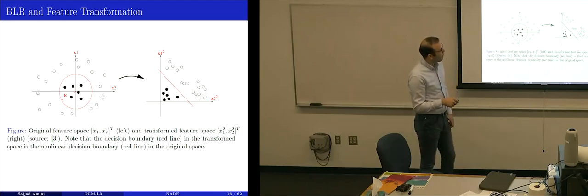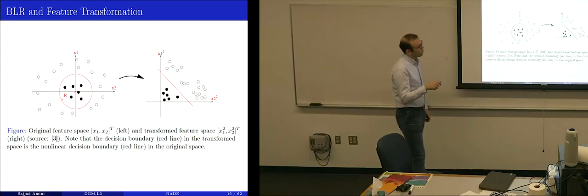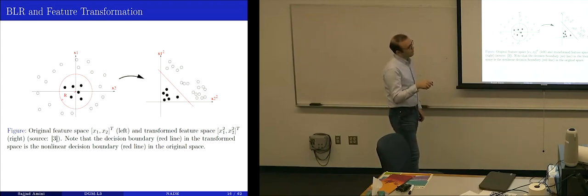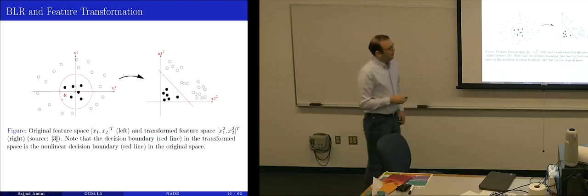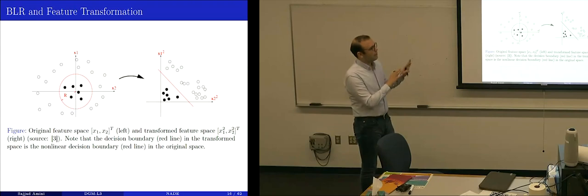But if you apply a very simple transformation like this, you transfer into this world where the samples are linearly separable. In this world, assuming that this is your original data set, you can use a BLR to generate this line. And then if you transform the line into the original world, you can see that it is, for example, a circle. This is just the technique that we want to extend from fully visible to NADE.